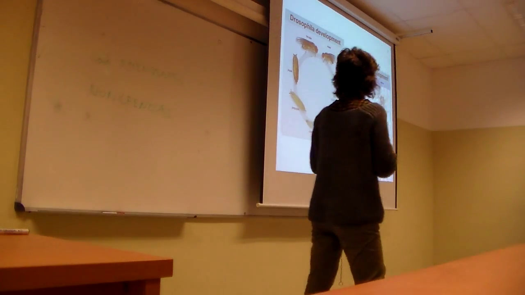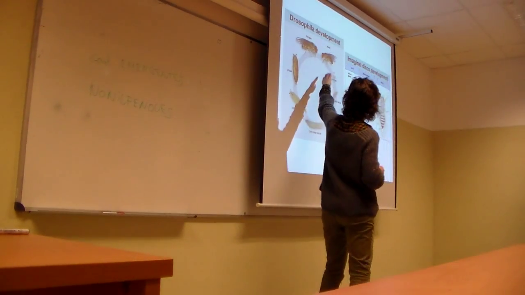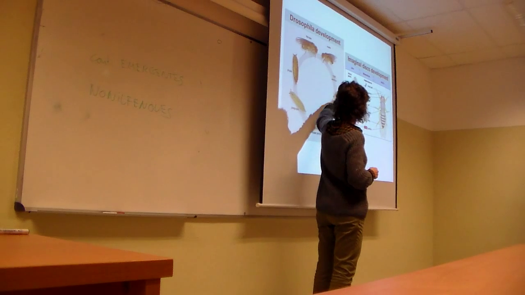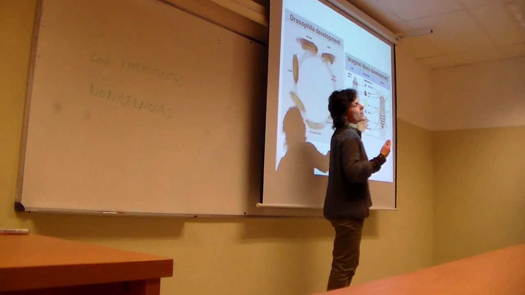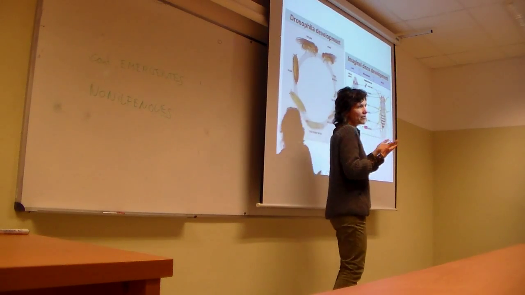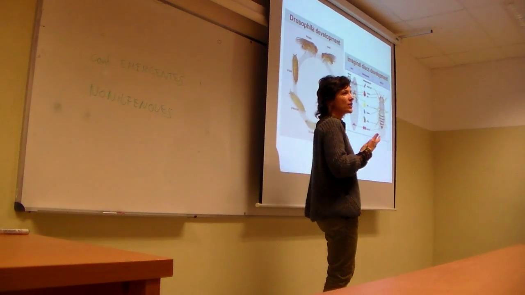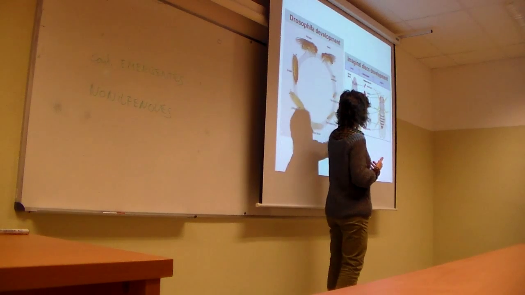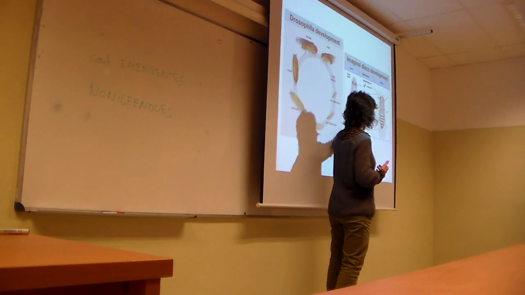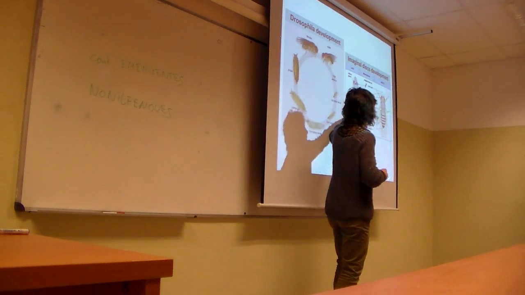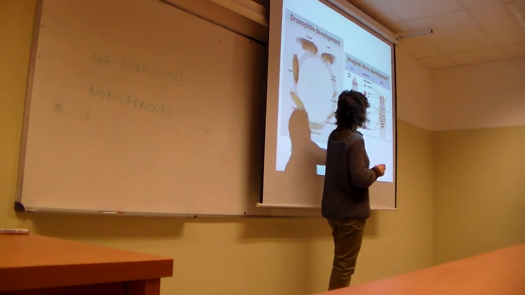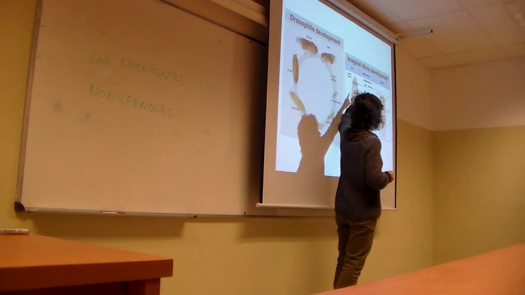The imaginal discs: at this stage of the larva, the larva does not look like a fly. It has the shape of a worm, but not a fly. What you can see is that some cells are organized in specific areas, and these are called the imaginal discs.